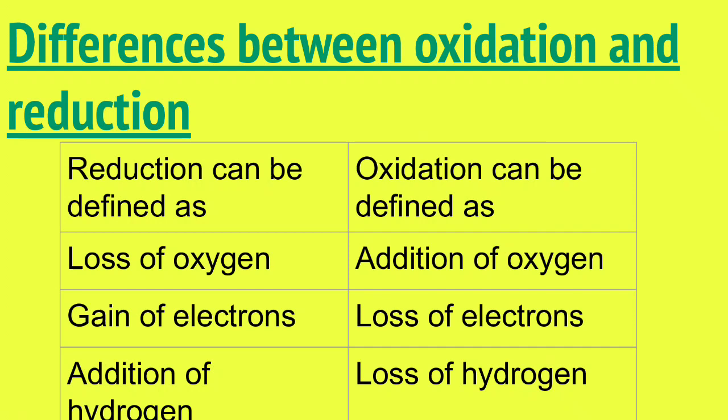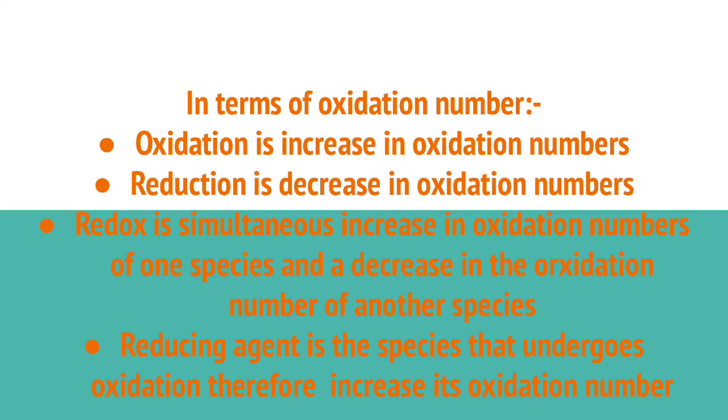Now, some of these definitions may seem difficult to understand, but as we move on, you will be able to identify with them. Now, in terms of oxidation number, that is the definition of oxidation and reduction in terms of oxidation number, we say that oxidation is increase in oxidation numbers, while reduction is the decrease in oxidation numbers.